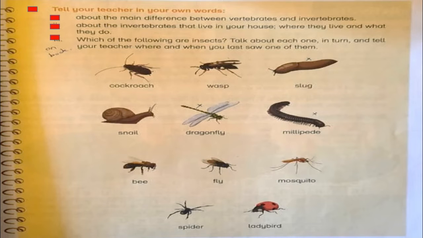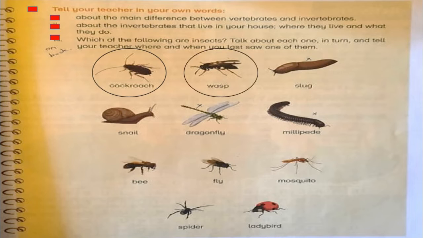For question number 3, which of the following are insects? Talk about each one in turn and tell your teacher where and when you last saw one of them. So here they are having many invertebrates. For this you have to check which ones are the insects and you are going to circle them. You will do this question in your books.